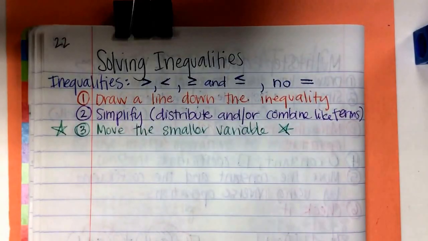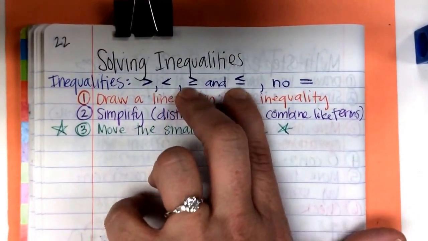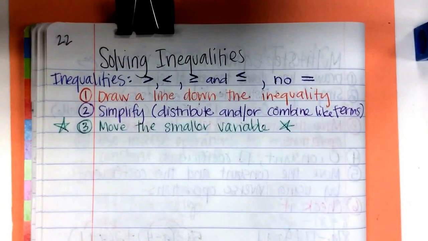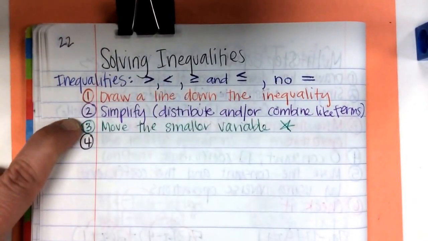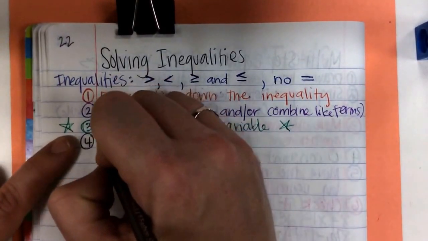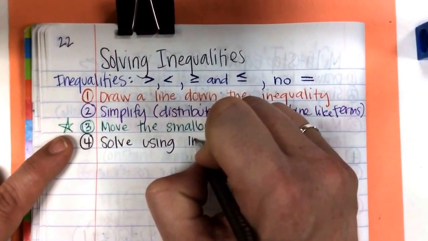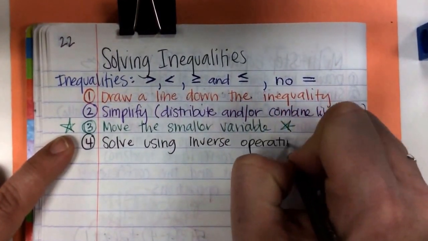Say that again. Equal to. Greater than or equal to, less than or equal to. So after you draw a line down the inequality, after you distribute, combine like terms, we skip 3 because we will not have it. 4 is we solve using inverse operations.